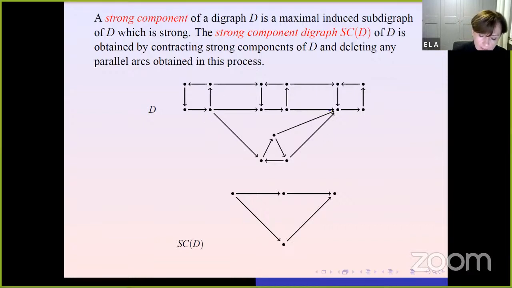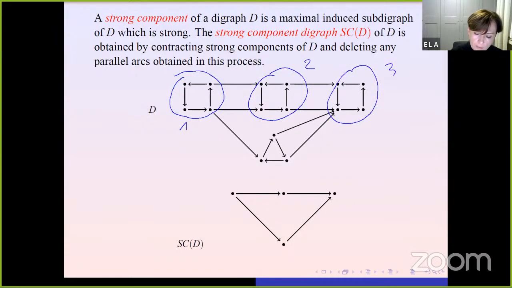So we have a digraph, and here is one strong component, so it will be 1. Here is another, 2, 3, and 4. So it has 4 strong components. And now we contract strong components to a single vertex. Of course, when parallel arcs appear, then we delete them. So this vertex corresponds to this component, this one to this, and so on. So this is a strong component digraph.